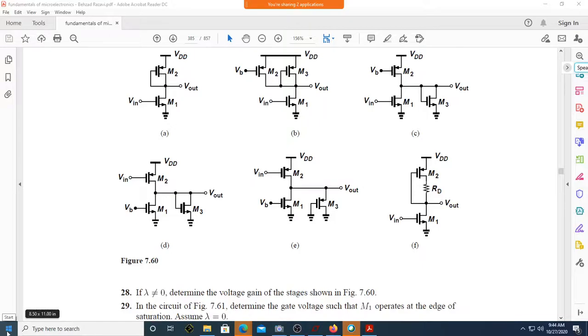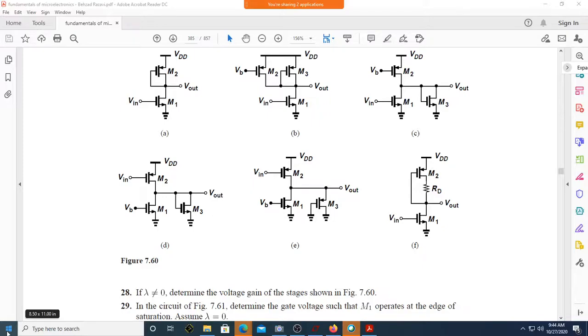Okay, let me just come back now. Let me rewrite that circuit in my notebook and then all of you write that circuit. This is V in, V out, because some of you are asking from where you are referring all these things.